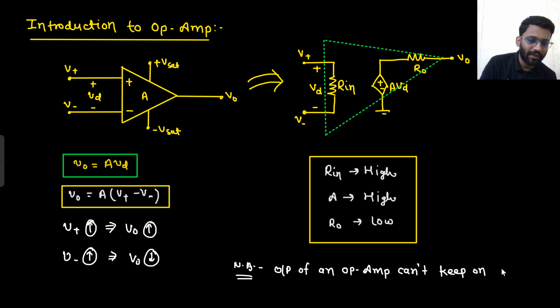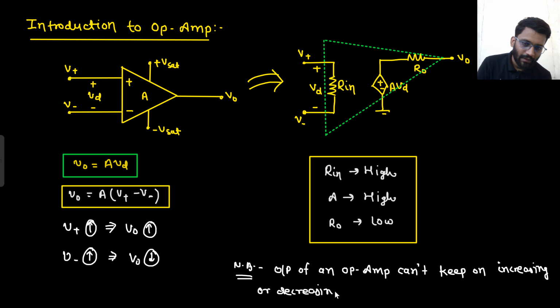The output of an OpAmp cannot keep on increasing or decreasing. It will saturate at some point. Let's take an example now.